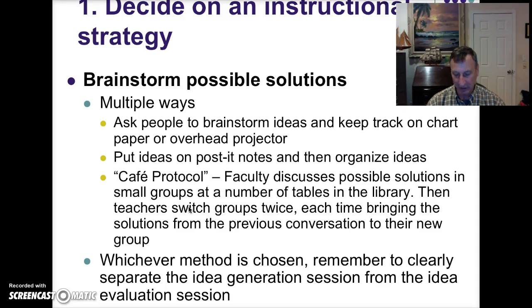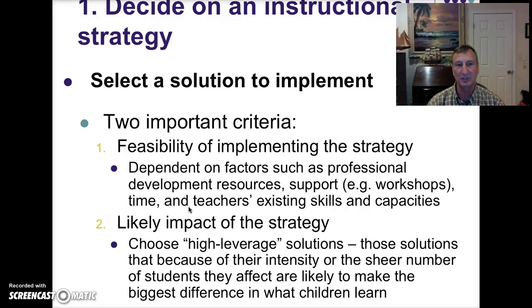So this is really examples of some steps in the process.